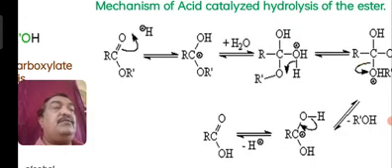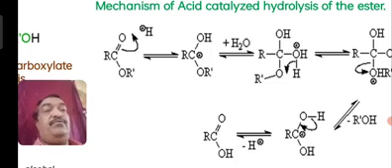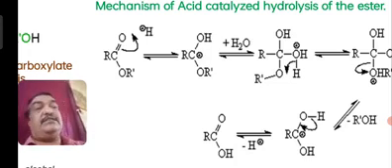Okay, that OH R loses R'OH. Okay, R'OH will be lost and you will get RC plus OH OH, and protonation will give you a carboxylic acid. That is carboxylic acid on acid catalyzed, means in presence of sulfuric acid. This is a possible reaction.